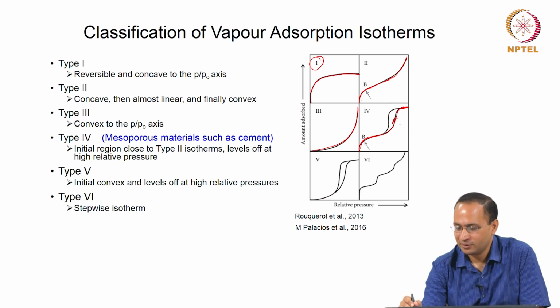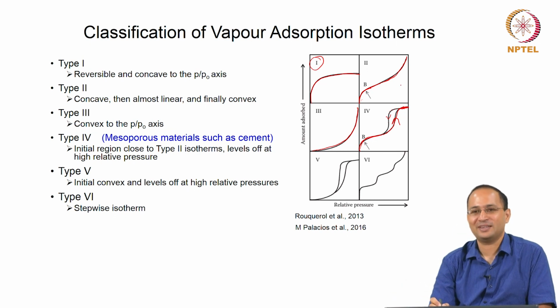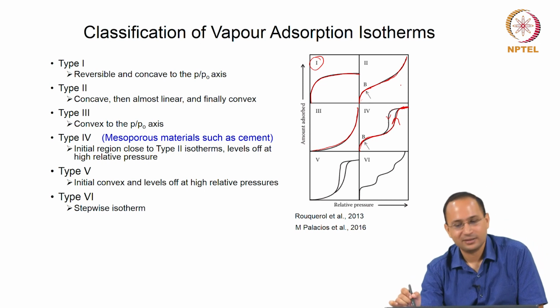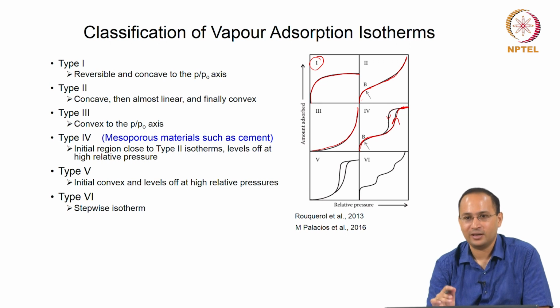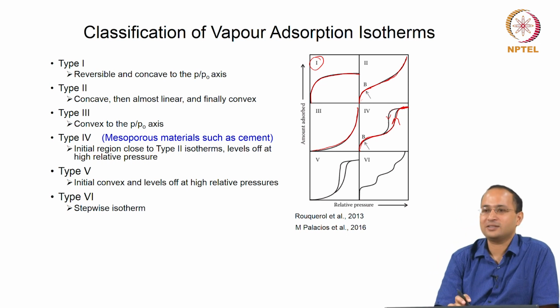Now this is adsorption, and what happens when you do desorption? You will not come back on the same curve, that is why we call it hysteresis. This signifies that it is a mesoporous material. Mesoporous materials show this hysteresis.